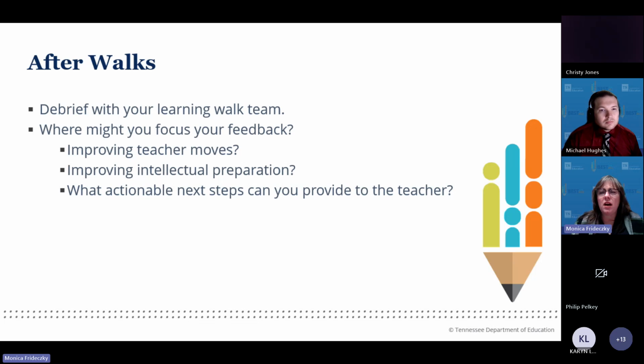We have some documents that have some ideas of what principal feedback might be for teachers in math. You can also refer to your HQIM, the margin of the teacher's edition, and the instructional focus documents to get more specific with your feedback for teachers.